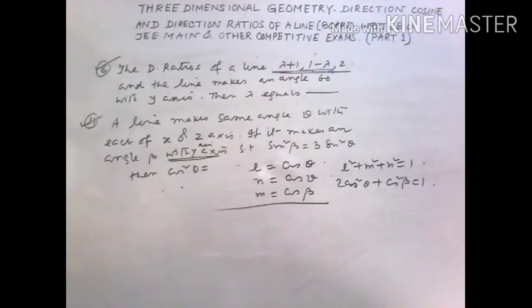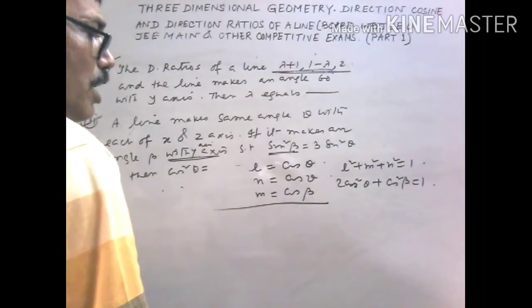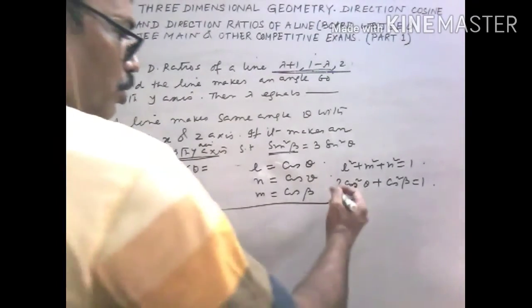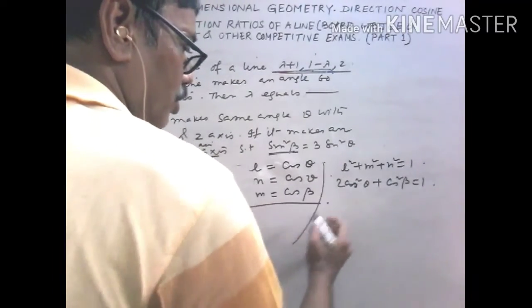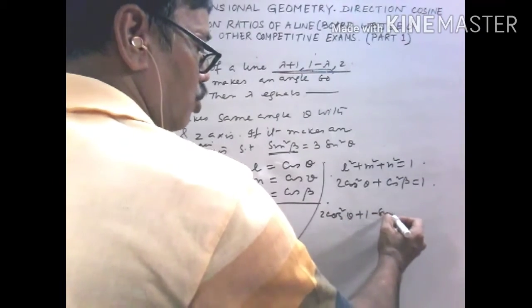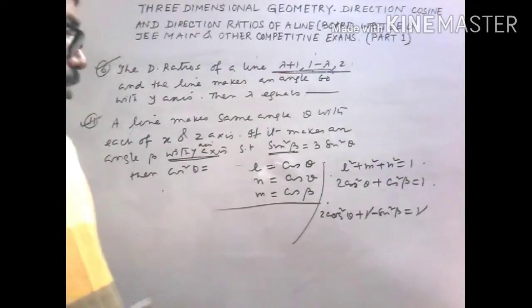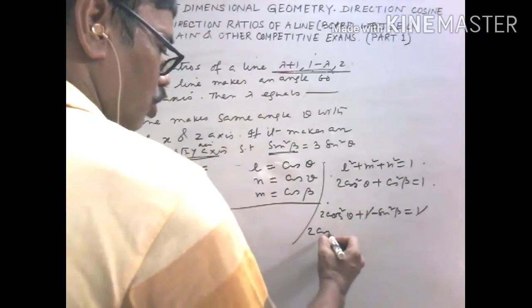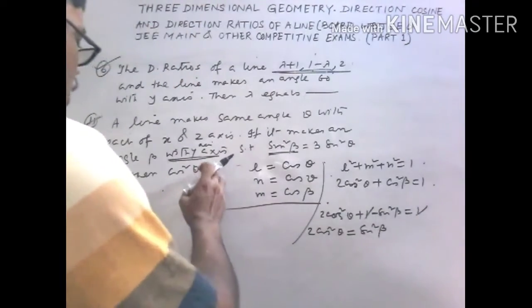Now here one more condition is given: sin square beta equals 3 sin square theta. So we have to eliminate beta because the answer is in terms of theta. So 2 cos square theta plus 1 minus sin square beta equals 1. So 1 cancels, 2 cos square theta equals sin square beta.